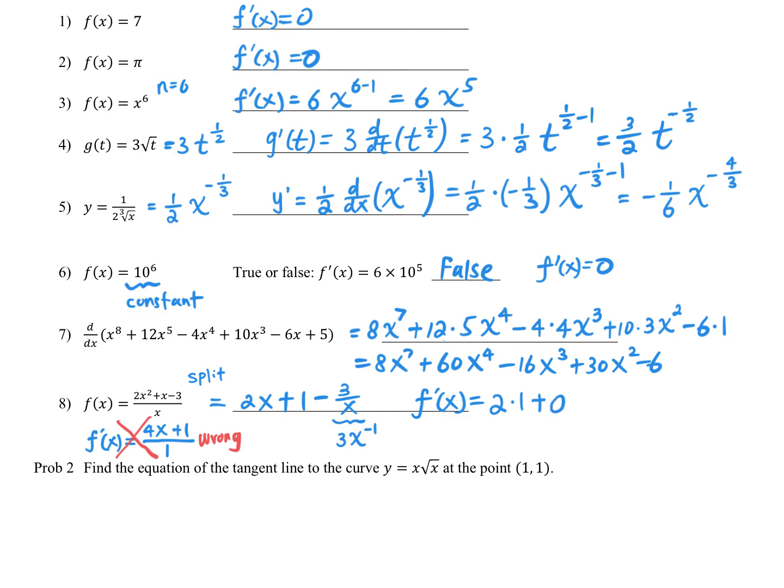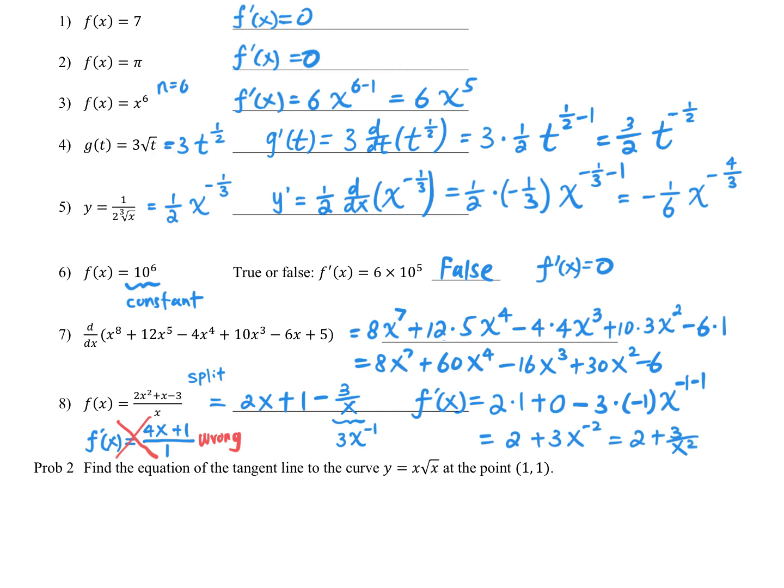And then the next term will be minus the derivative of 3 times x to the negative 1. Let's apply the power rule. It will be 3 times the exponent, which is negative 1, x to the, subtract 1 from the exponent. So now we have 2 plus 3 times x to the negative 2, which is 2 plus 3 over x squared.